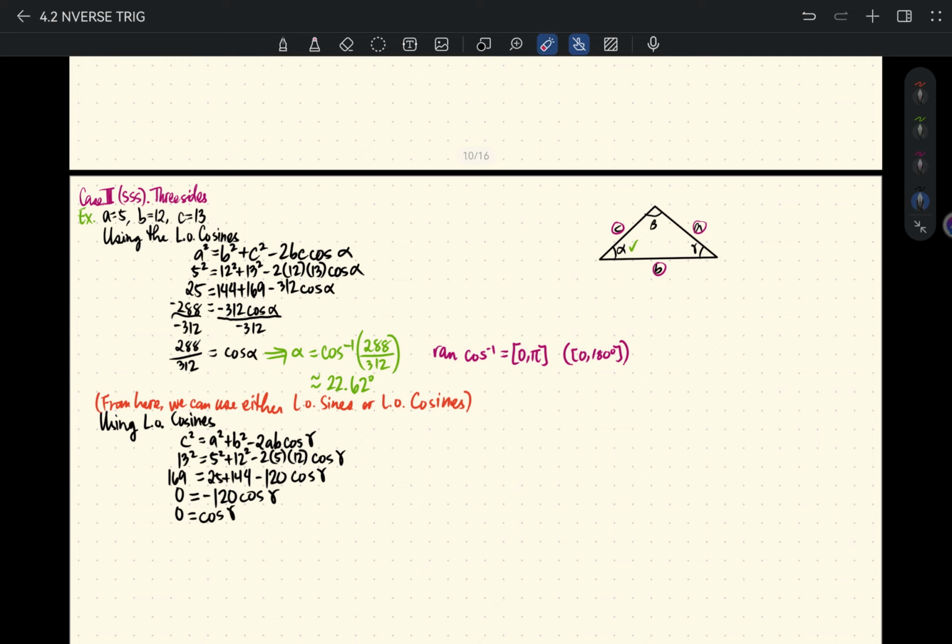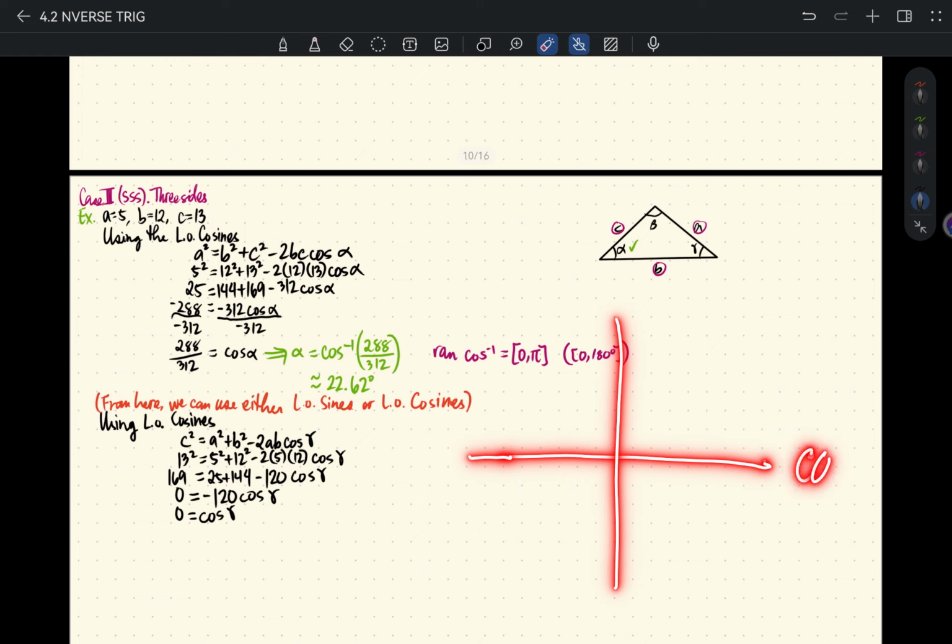Now the question is, what value of gamma will give you 0? So take note, we are looking at this part right here, and cosine gamma equals 0.